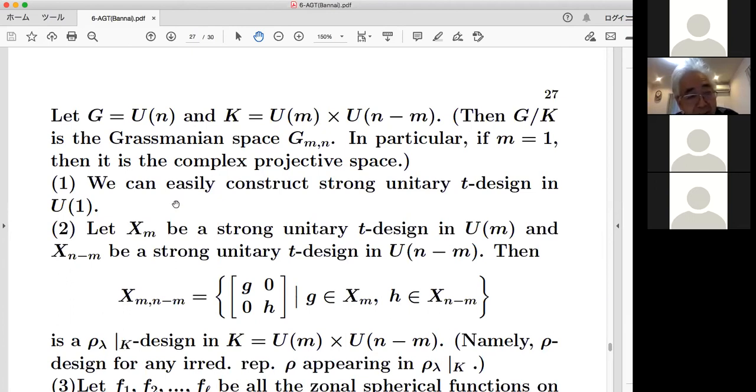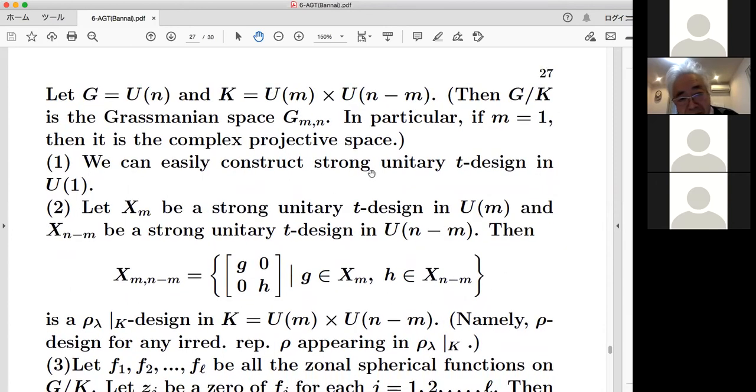And we use induction, so we can easily construct strong unitary t-designs in U(1). We can take the set of primitive (t plus 1)-th roots of unity, which gives an example. So we can construct strong unitary t-designs in U(1) easily.